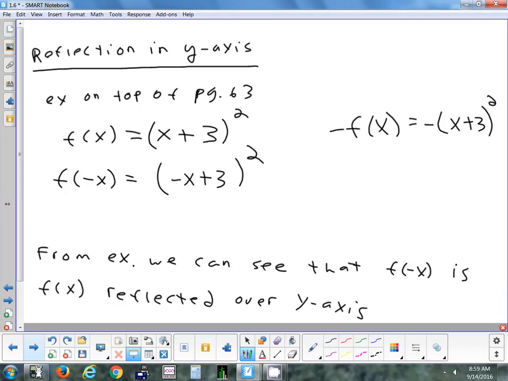And do you remember what this would do? This is not a reflection over the y-axis. That's a reflection over the x-axis. Okay, again, you don't have to write that down. I just want to make sure we remember the difference between reflecting over x and y, and I'm going to summarize it in a second.